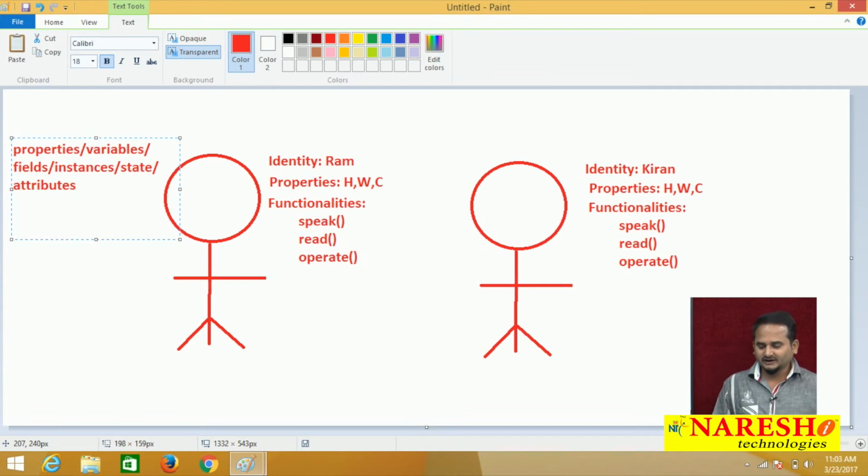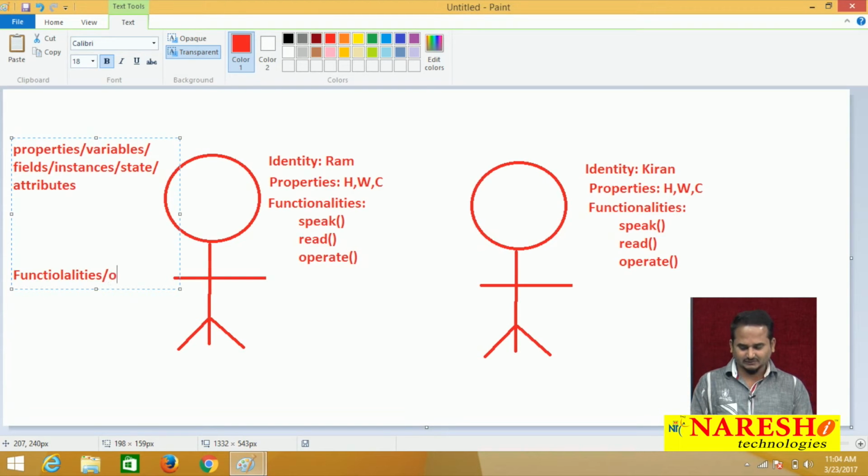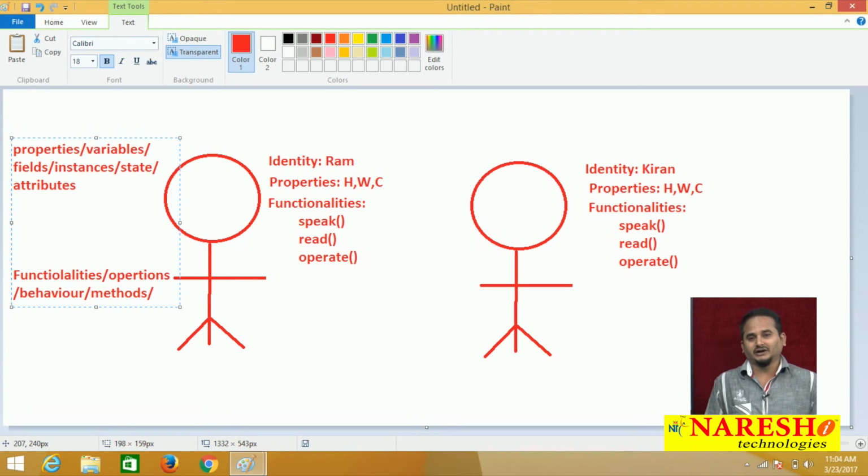So we have different terminology for properties. In the same way, for functionalities we have different terminology. Sometimes we call them operations, sometimes behavior, sometimes methods, sometimes routines, subroutines. We have different types of terminologies related to functionalities.